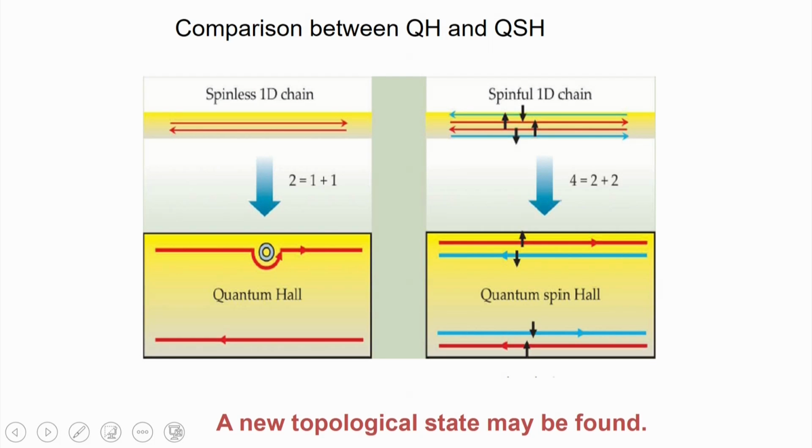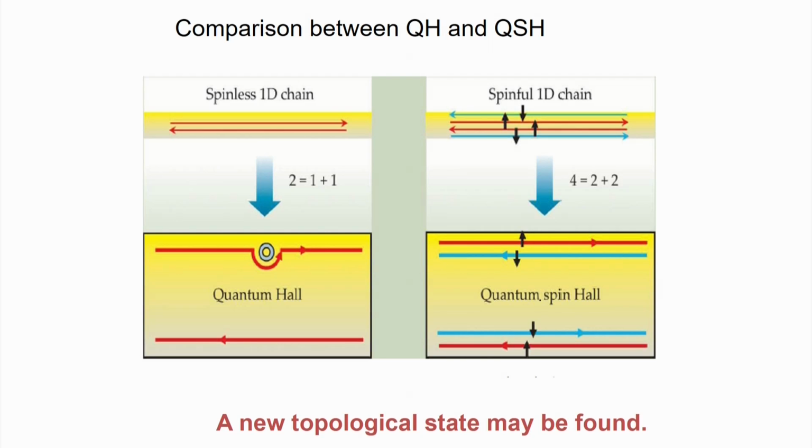And this is the comparison between the quantum Hall state and the quantum spin Hall state. So, in a quantum Hall state, this is shown particularly with an impurity, there is no phase space for backscattering. So, an impurity will not do anything to a quantum Hall state, and that is why it is robust to the presence of impurities.